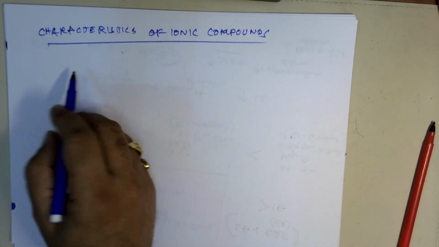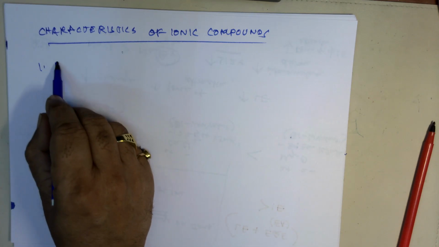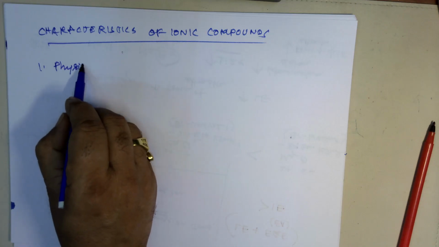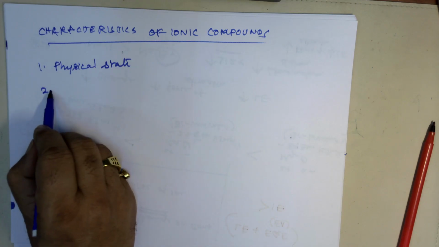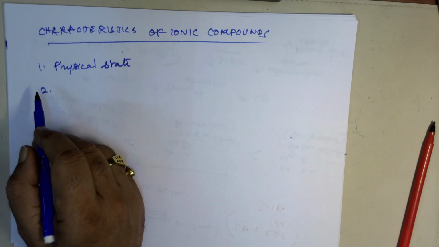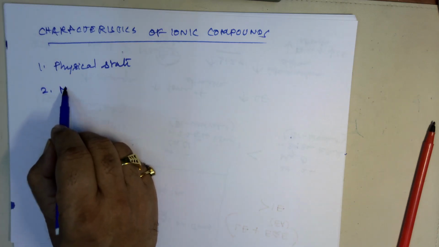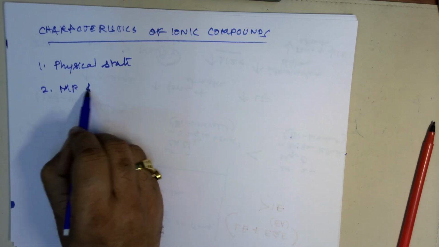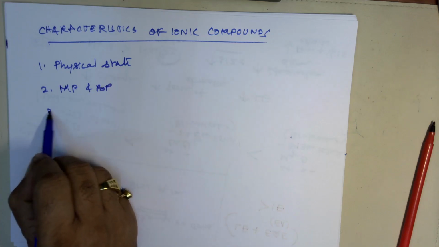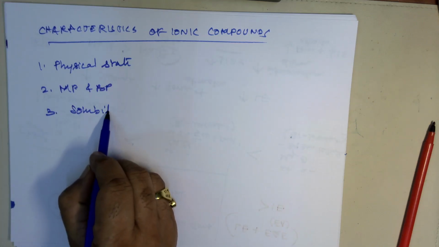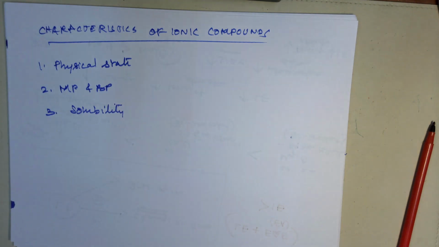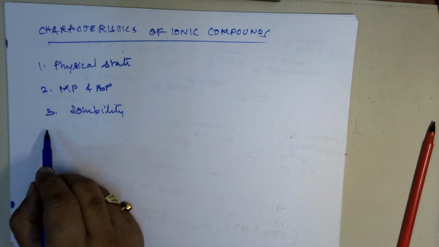And what are the characteristics? Let us discuss one by one. Physical state. Second, melting point and boiling point. Third, solubility. This is another important parameter to be discussed. And four, electrical conductivity.